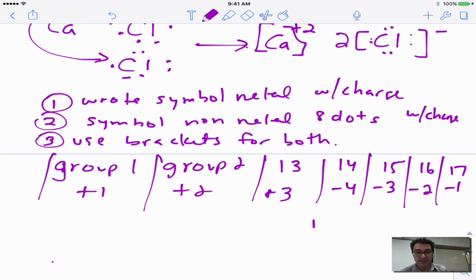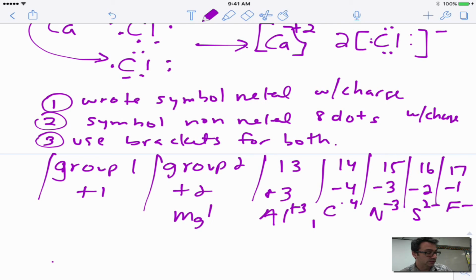Something in group 17 like fluorine would be F-. Something in group 16 like sulfur would be S-2. Group 15, nitrogen or nitride, would be -3, carbon -4, aluminum +3. Group 2, magnesium +2, and group 1, sodium +1. Any element in those groups will follow that pattern, so you can use that for your charges and take a shortcut.